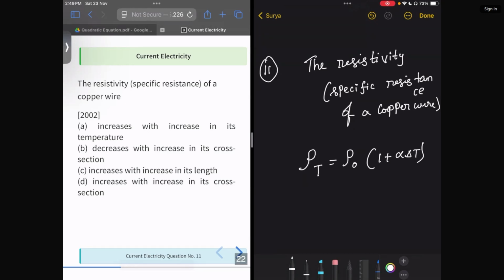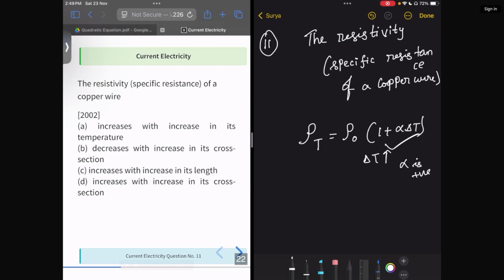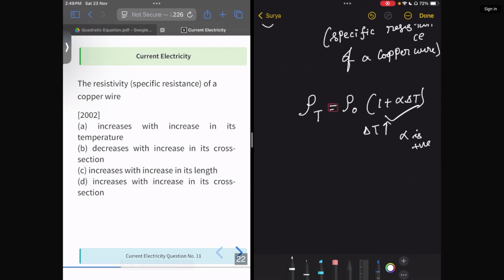As the temperature increases, alpha is positive for copper metals. For moderate temperature changes, resistivity increases with temperature. The explanation is that as temperature rises, the atoms in the copper lattice vibrate more intensely, so scattering of electrons increases, therefore increasing resistivity.